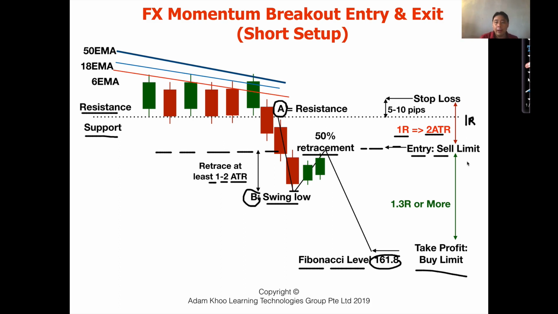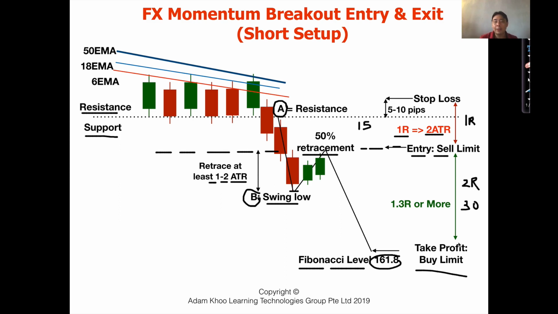All right. And then we measure that from the sell order to my profit target, how many pips am I capturing? So for example, if I'm risking 15 pips and my profit is 30 pips to the target, so 30 pips divided by 15 pips would be a 2R profit target.